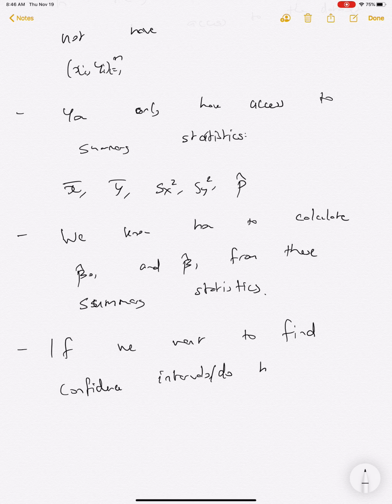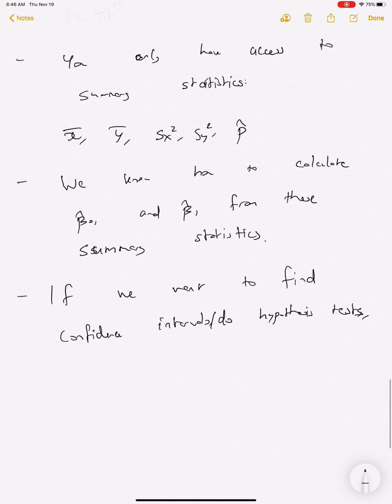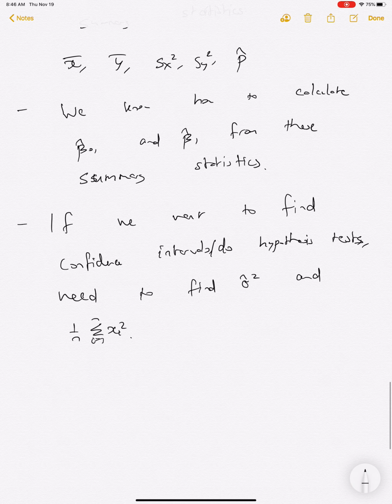If we want to find confidence intervals or do hypothesis tests, you certainly need to calculate sigma hat squared, and you also need this other quantity for beta hat 0. And so the question is, how do we calculate these from our summary statistics?